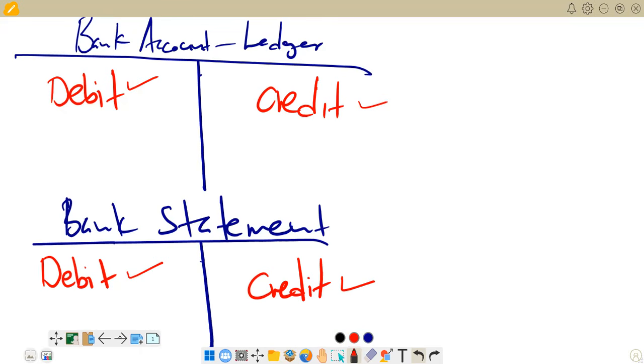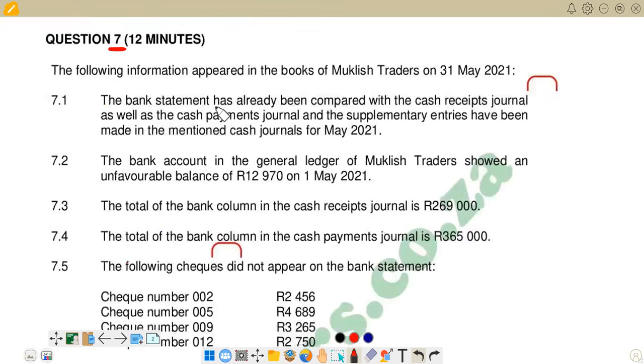If you go back to our question, it reads: the following information appeared in the books of Muklish Traders on 31 May 2021. We are given that the bank statement has already been compared with the cash receipts journal as well as the cash payment journal, and the supplementary entries have been made in the mentioned cash journals for May 2021.